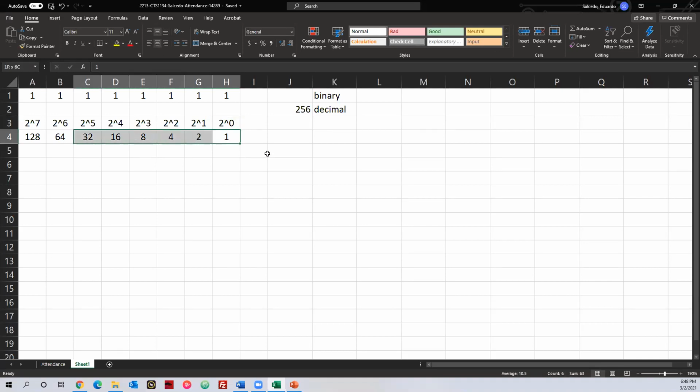So these numbers are going to be important for you to change this into this. So assume that if a number is a 1, it's on, and if it's a 0, it's off. So we knew that all those ones together are 256. So 256 is the highest number we can get from an octet in binary.